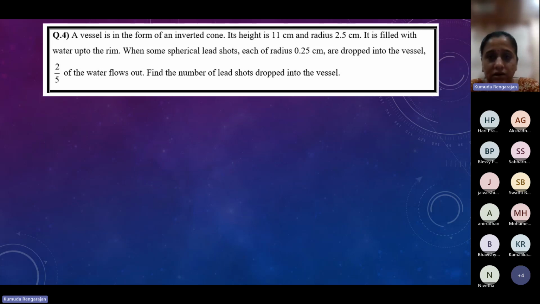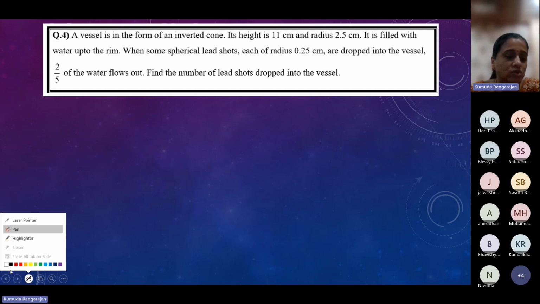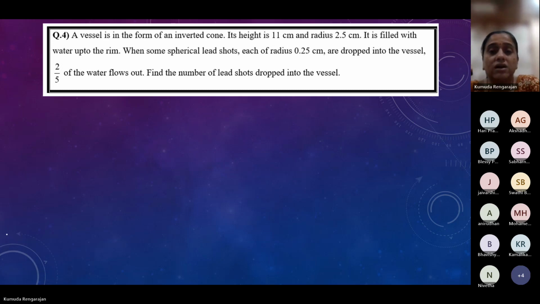Cone and sphere. For the cone, we need two things, radius and height, given. And for the sphere, we need only one thing, which is the radius, given. All right. Then what is it we have to find? We'll have to find the number of spherical lead shots dropped into the vessel. So you should always read the question, understand, and construct the equation in words.